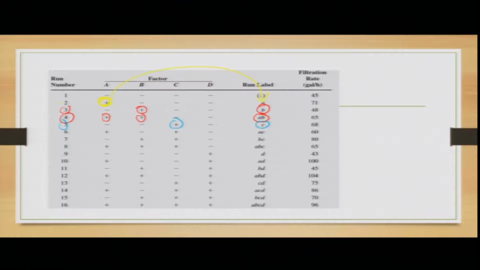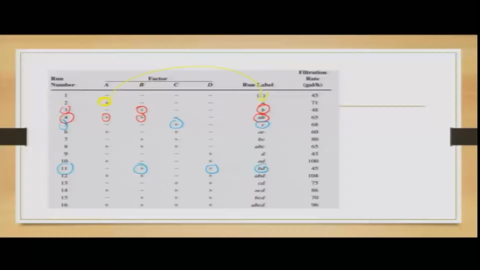I am going now down the rows. If I consider run number 11, it has an effect of factor B and an effect of factor D, hence the run label is given by BD. If I go to the second last, which is the 15th one, I am just going arbitrarily. Once you understand all these things, each and every plus and minus value in each and every row would make sense to you as you go one at a time.